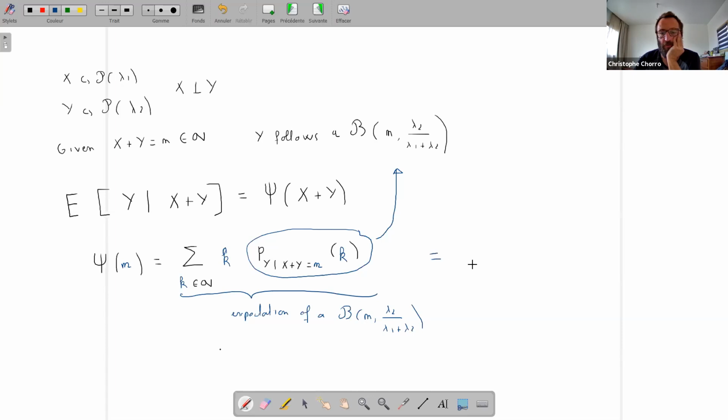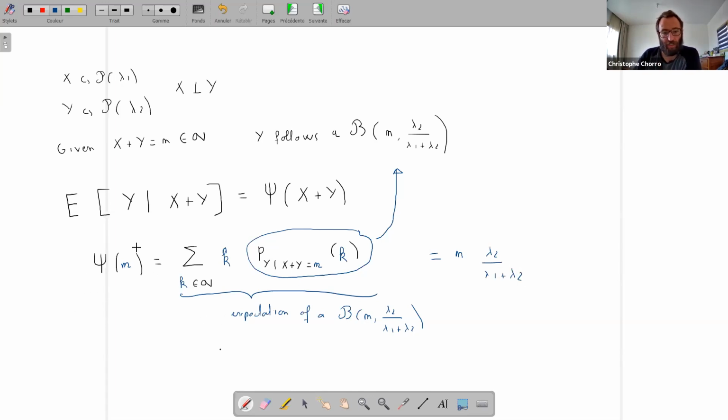And I know from the course what this expectation is. It's the product of the parameters in the case of a binomial. So I obtain n times lambda 2 over lambda 1 plus lambda 2.